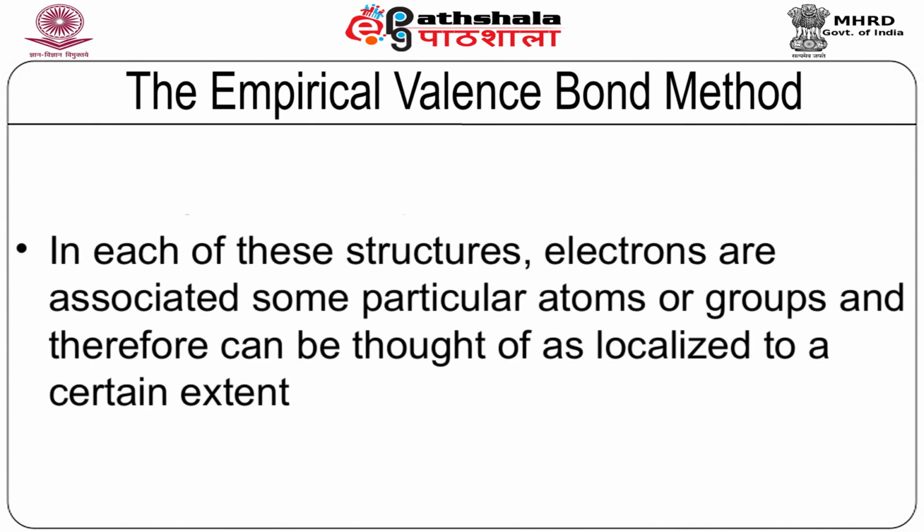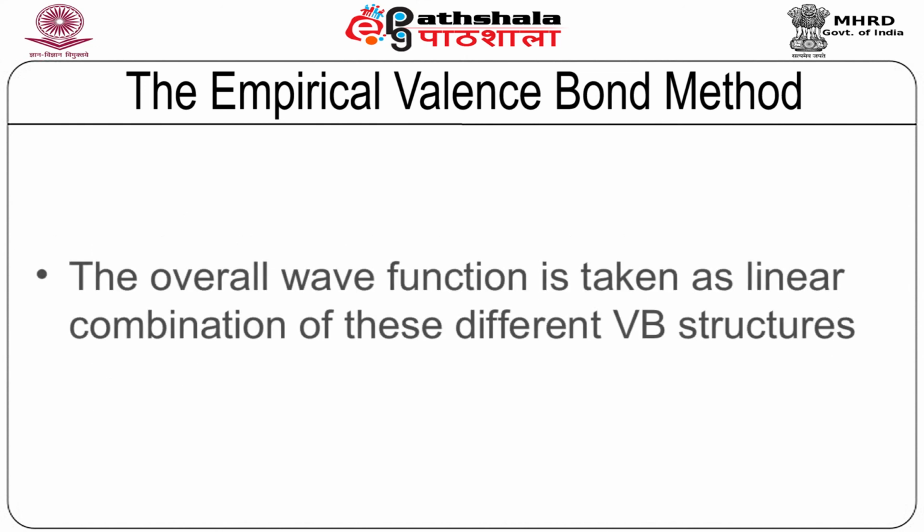In each of these structures, electrons are associated with some particular atoms or groups and therefore can be thought of as localized to a certain extent. The overall wave function is taken as a linear combination of these different valence bond structures, or rather wave functions corresponding to these different valence bond structures.